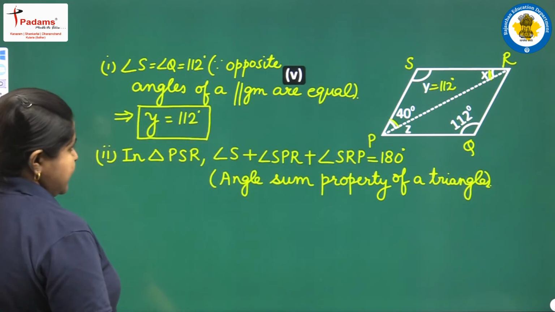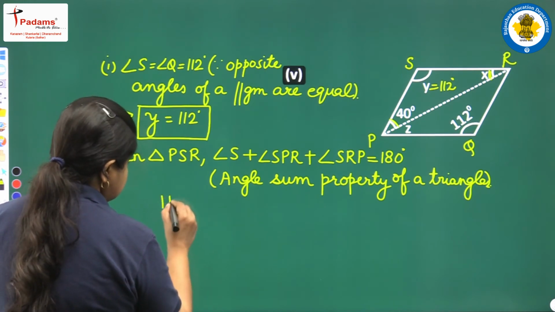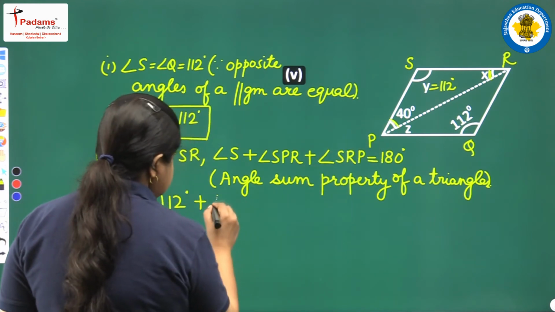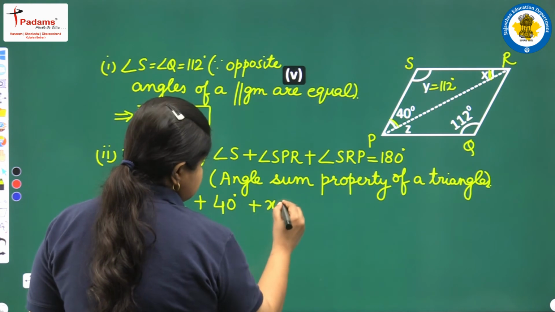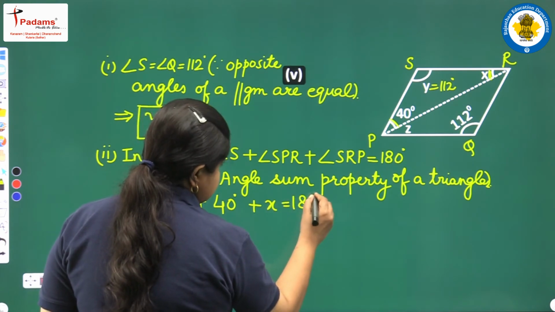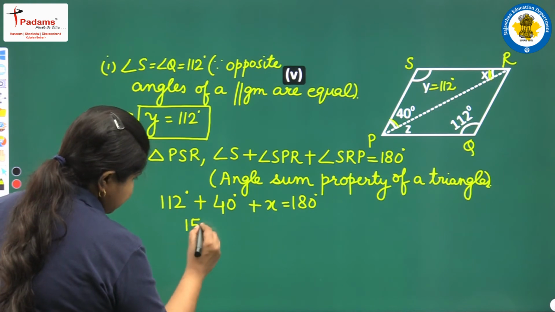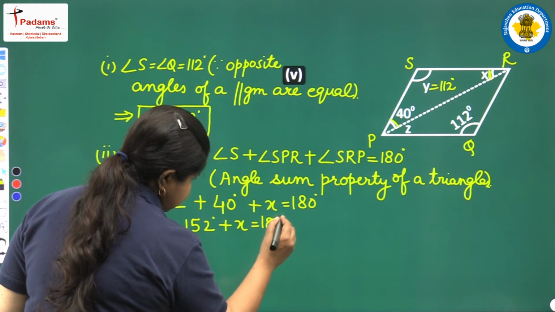Okay, so let us put in the values. S is equal to 112 degrees plus this angle P here is 40 degrees, plus we have to find X, equal to 180 degrees. Now add up the two, you will get 152 degrees plus X equal to 180 degrees.